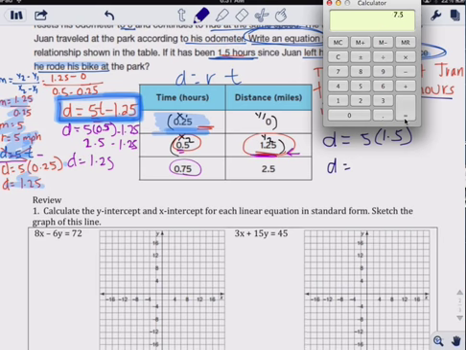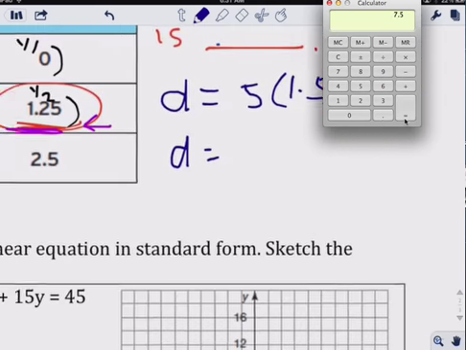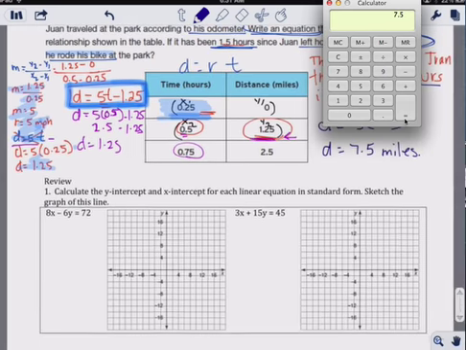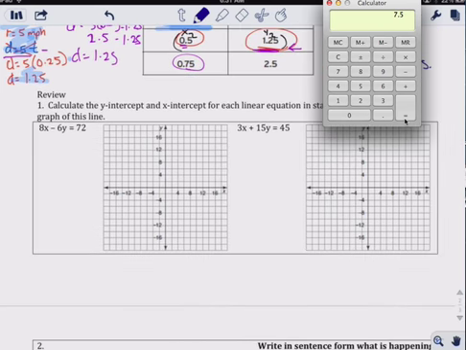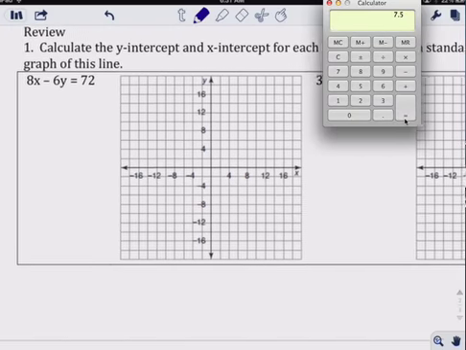Some of you put what's there. The distance is 7.5 miles. Went a long ways while he biked for 1.5 hours on his bike. Okay, took a while for those two.